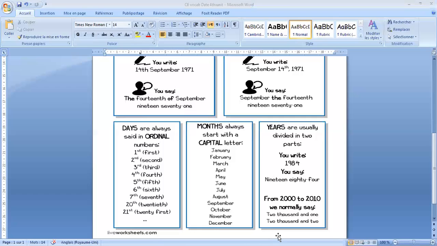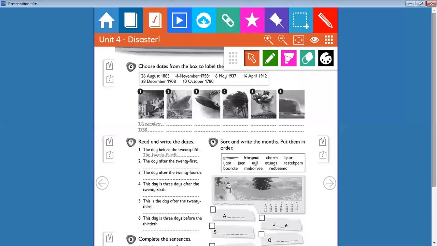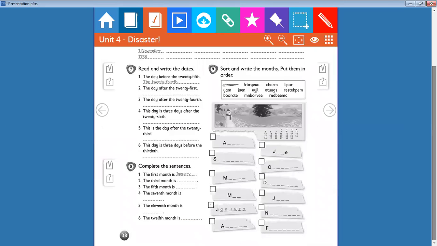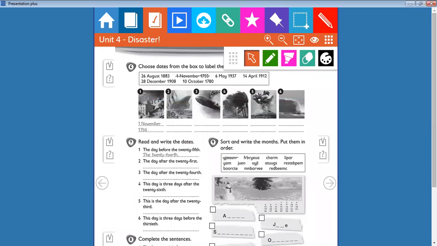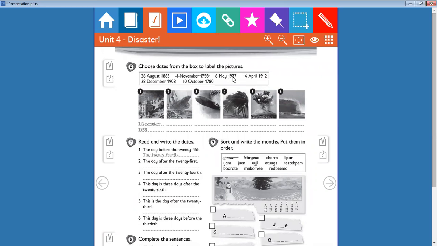Now let's move to our activity book. Page 38. Activity book, page 38. Exercise number 6. Choose dates from the box to label the pictures.